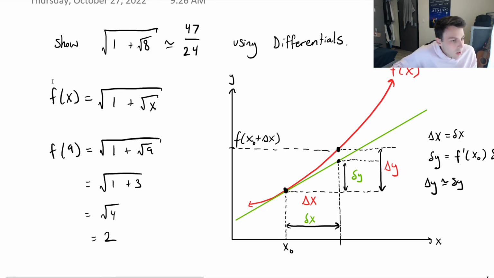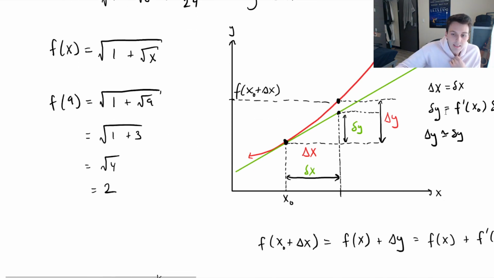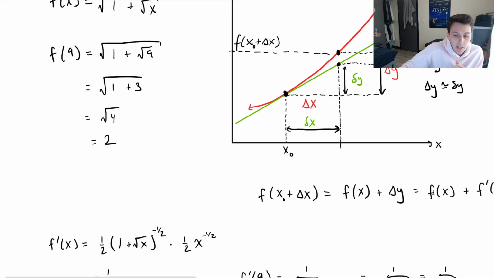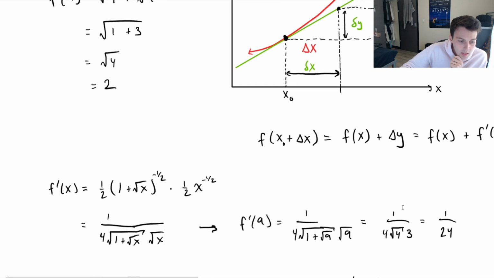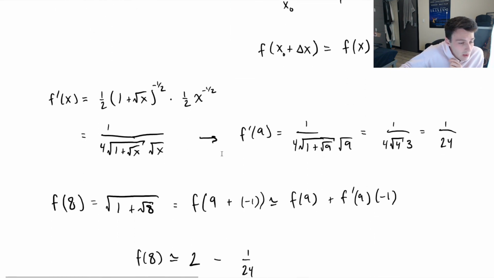Just recapping. We're finding a function that we can use to approximate this value. We are going to use these differentials, these delta x's and these change in y's, and we know that since the change in y of the function is approximately equal to the differential in y, then we can come up with this equation for f of x plus delta x, and then we just need to choose an appropriate value for x and delta x.